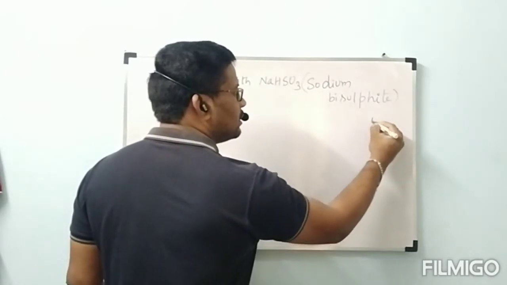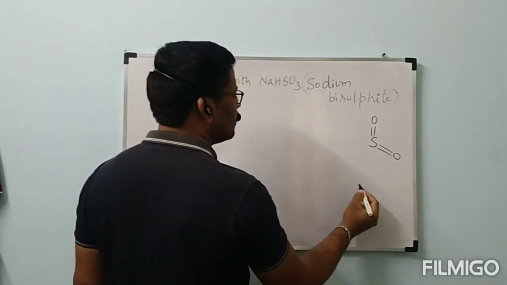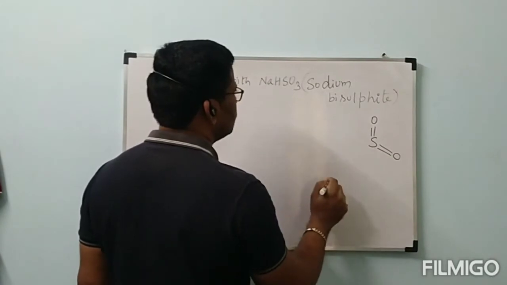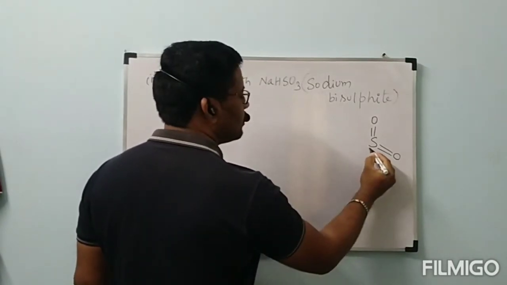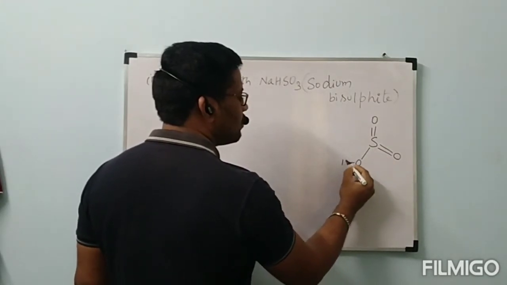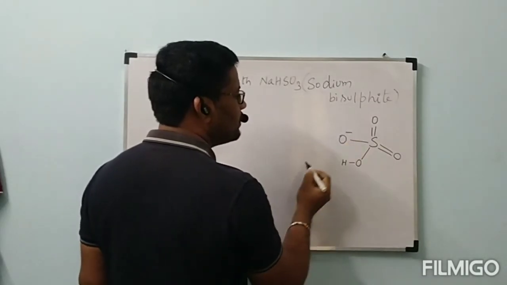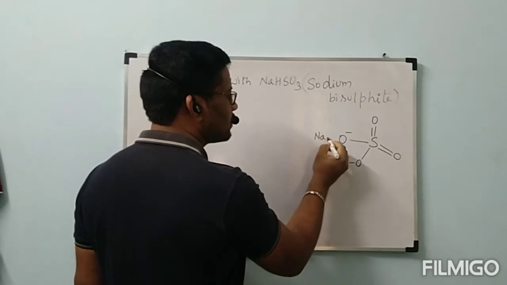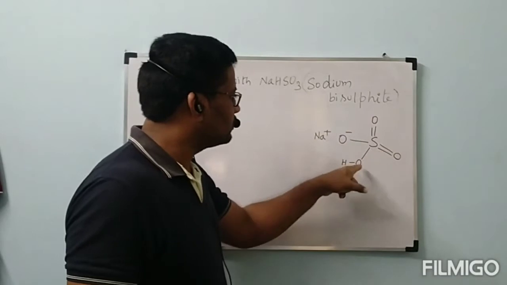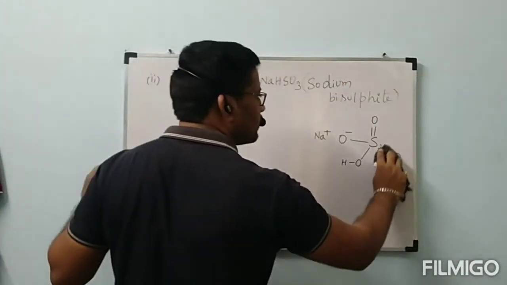Double bond O, OH, O minus, Na plus. Sorry, 1, 2, 3, 4 are there. This is the NaHSO3 formula.